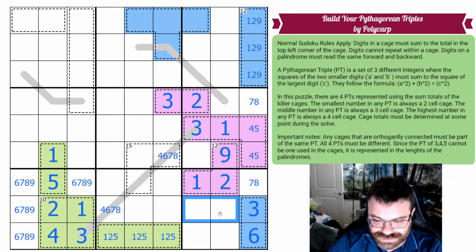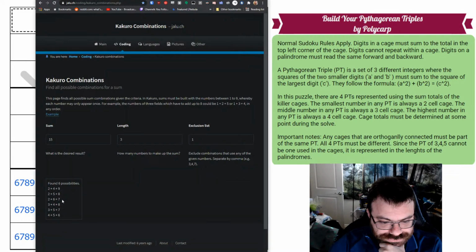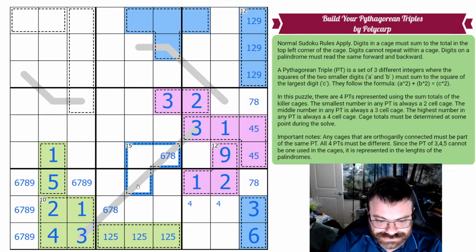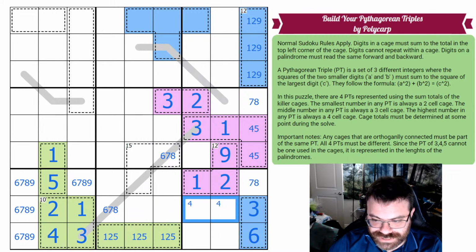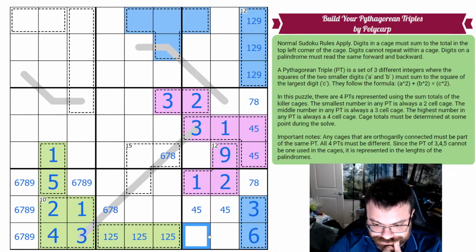Wait, 4 is limited here. So this isn't 4. So this is a high number, 6, 7, or 8. So we don't have a 9 in here. It's a 4, 5 pair, that's true. So this is 7, 8, 9. This is not 6.